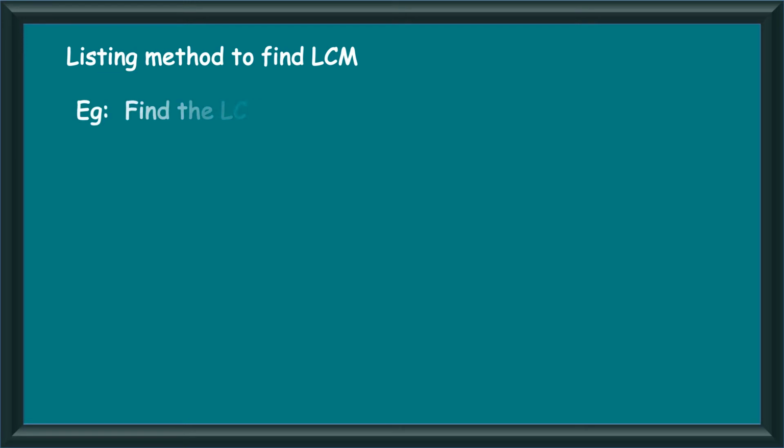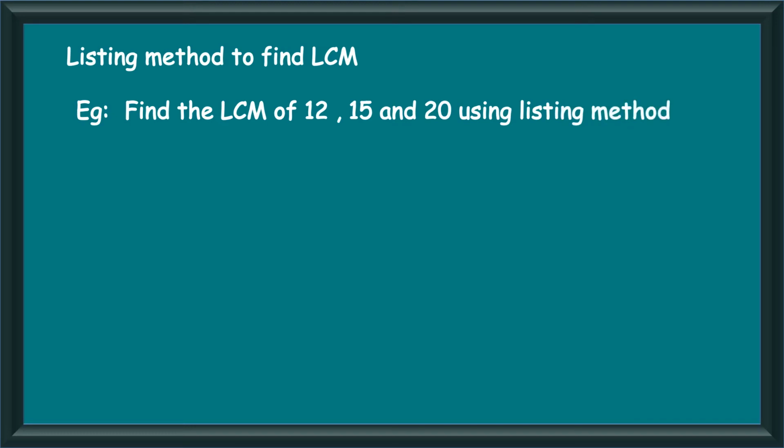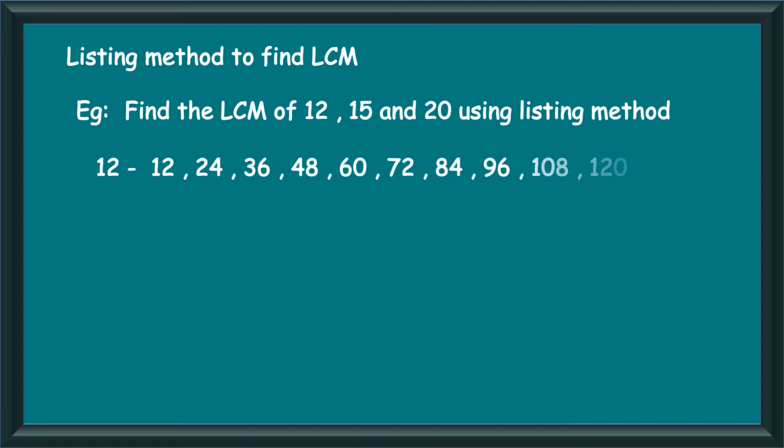Find the LCM of 12, 15 and 20 using listing method. As explained, list the first few multiples of each number. We'll start with 12. The first 10 multiples of 12 are 12, 24, 36, 48, 60, 72, 84, 96, 108 and 120.